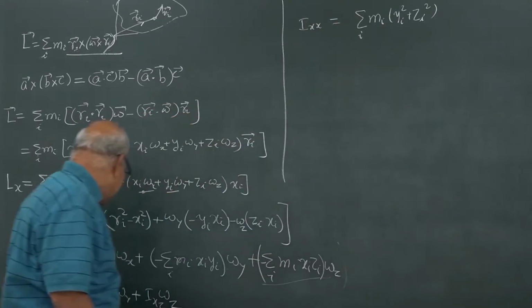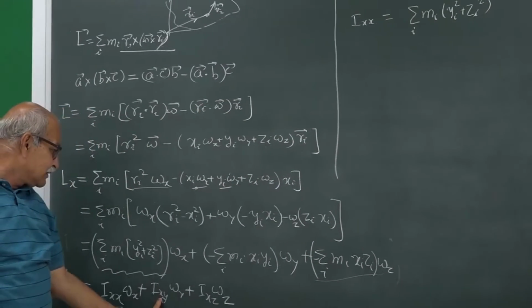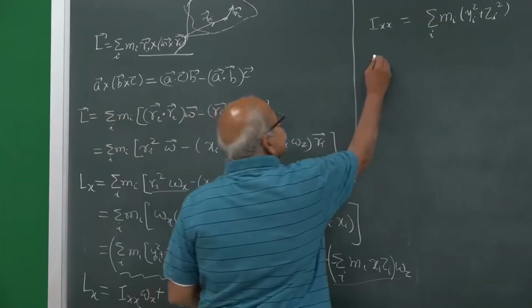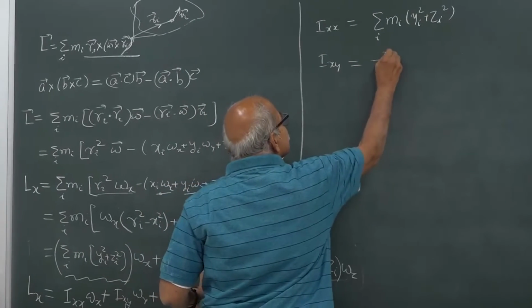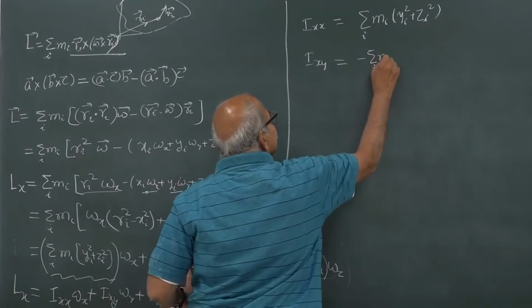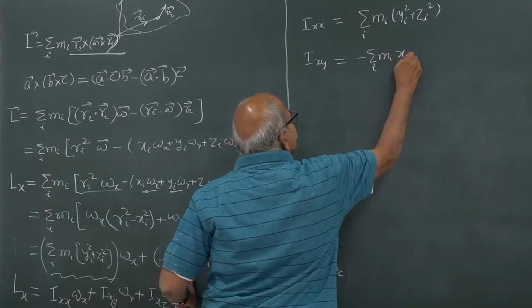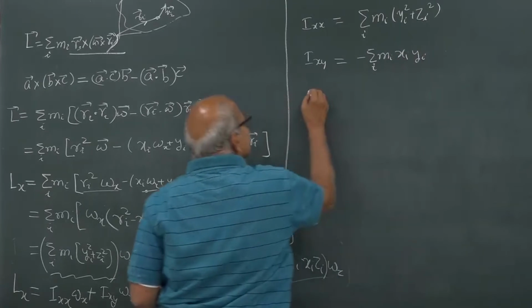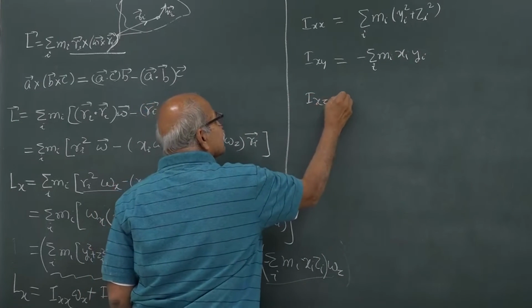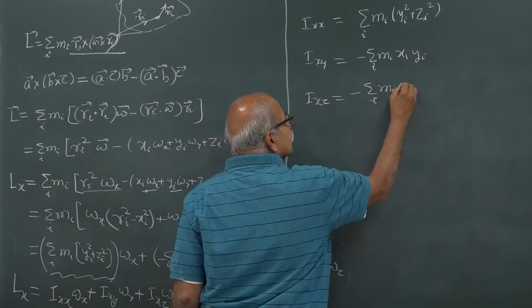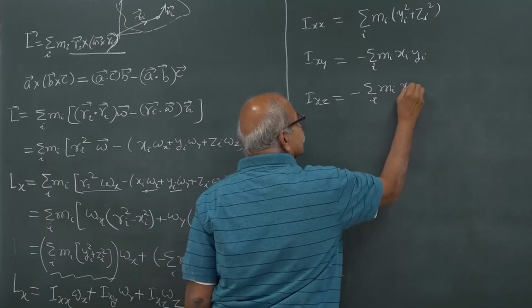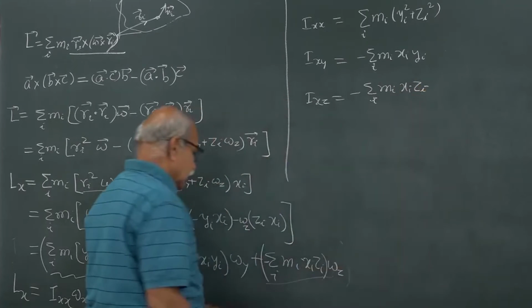But what is this Ixy? This Ixy is something very different. This Ixy is minus summation over i of mi xi yi, and Ixz is similarly minus summation over i of mi xi zi.